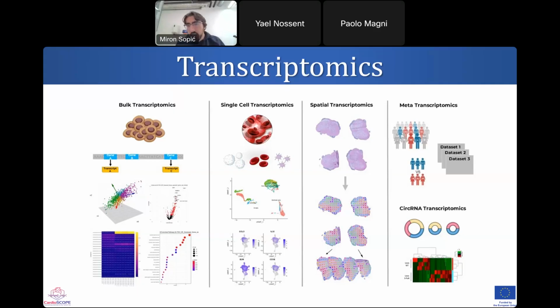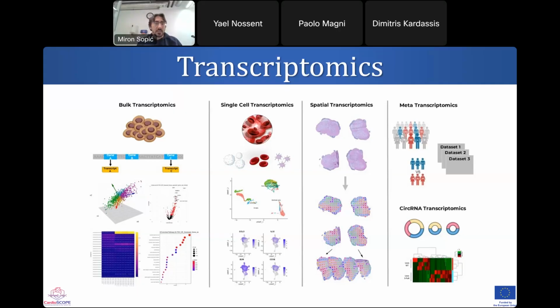You destroy it, you extract RNAs, and then perform sequencing. This type of analysis can give you information about differentially expressed genes in this tissue, but still there is some specific information missing. For example, in which particular type of cells these transcripts are enriched or differentially expressed.